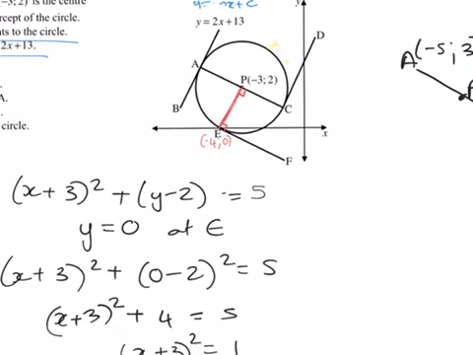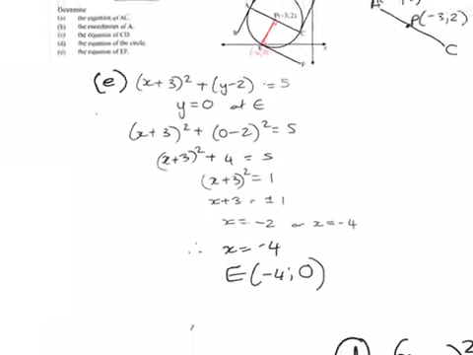So EF must have the same gradient as AC. What was the gradient of AC? AC's gradient was negative a half. So then the gradient of EF is also going to be negative a half.